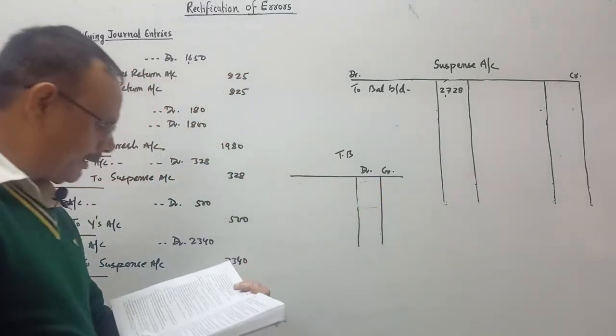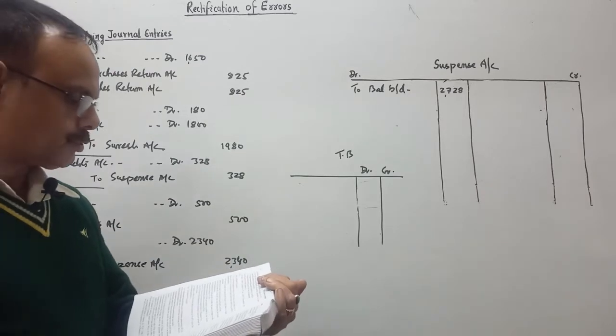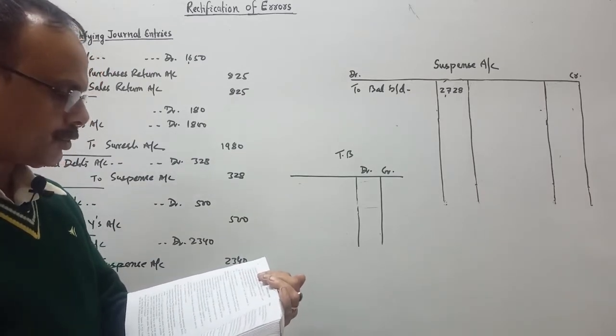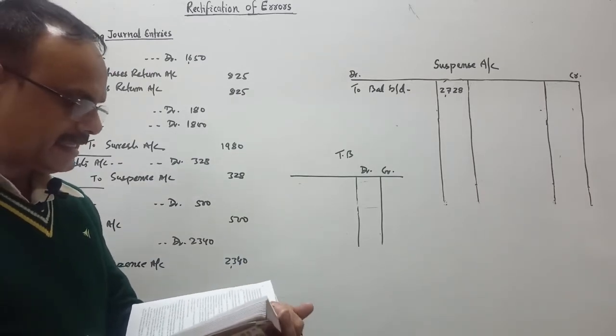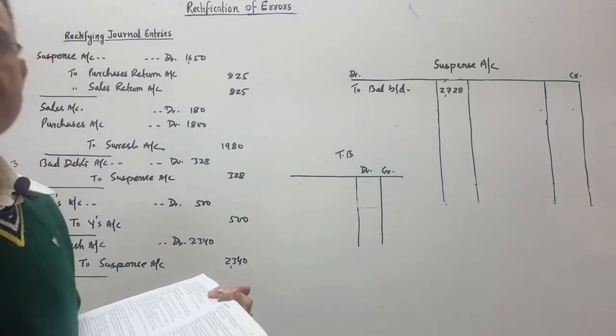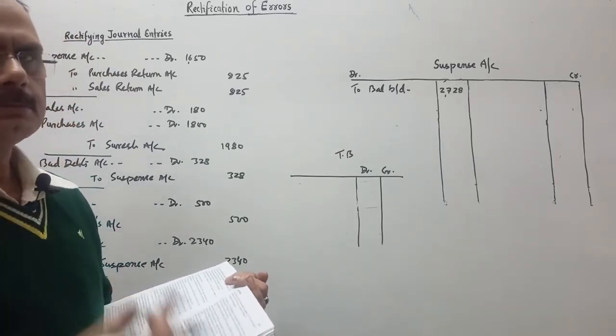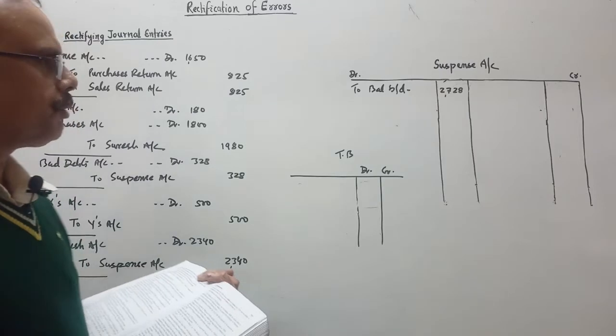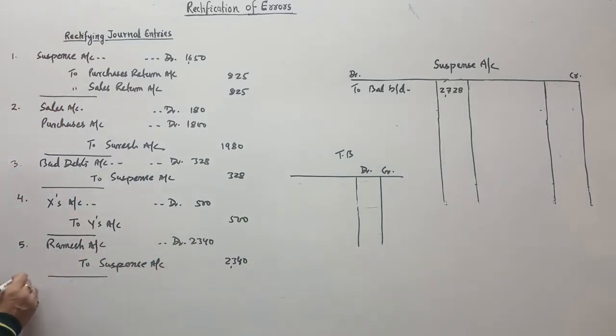The next error is a sum of rupees 2210 stolen by an ex-employee stands debited to suspense account. So what you do when it is stolen by an employee: loss by theft account debit, and you cancel the suspense account which was debited by your accountant.